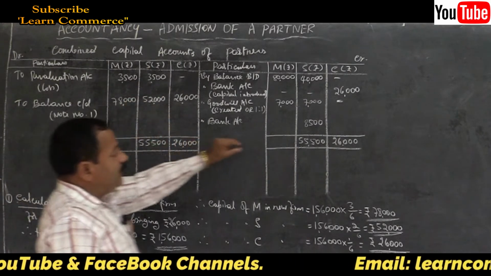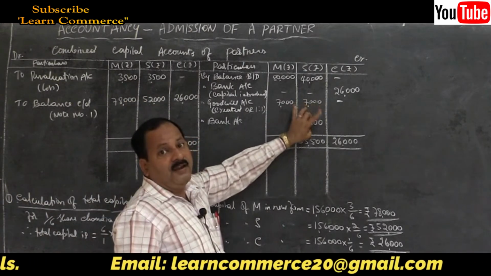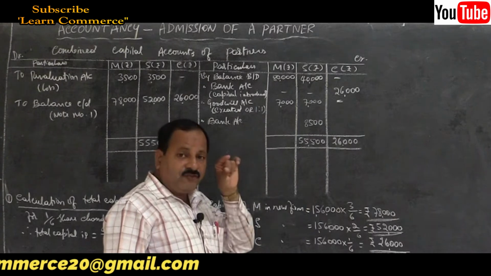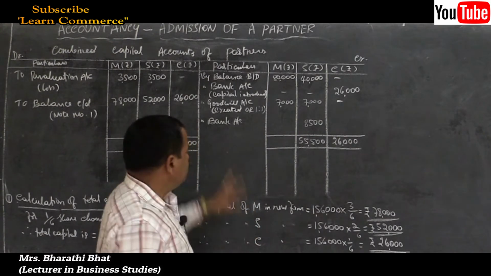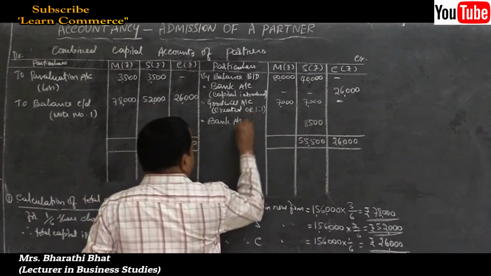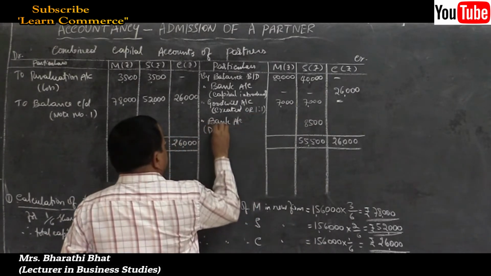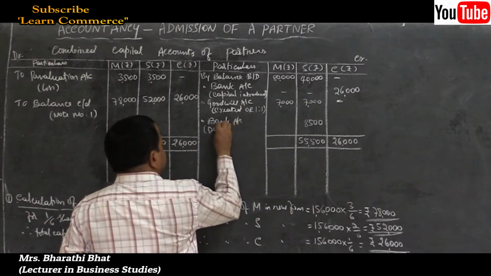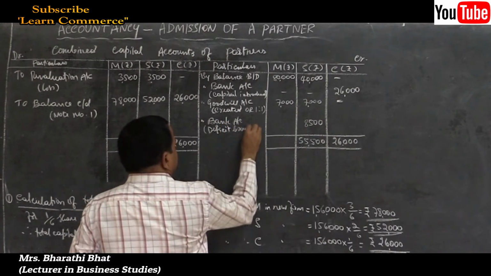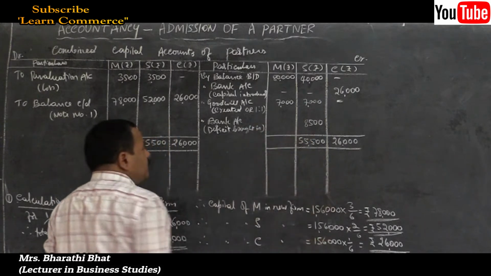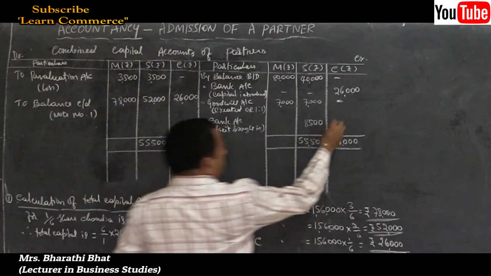So the differential amount of rupees 8,500 he has to bring in and maintain his capital at that level. That is the meaning. So by bank, deficit brought in, right here within brackets. That is what you have to do. Here no difference.